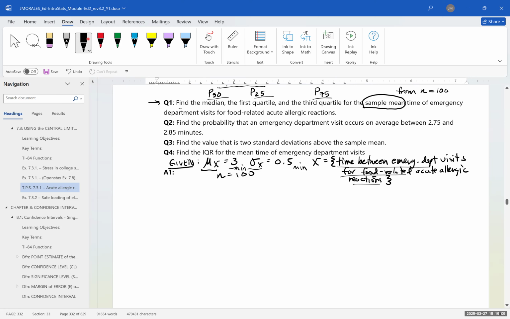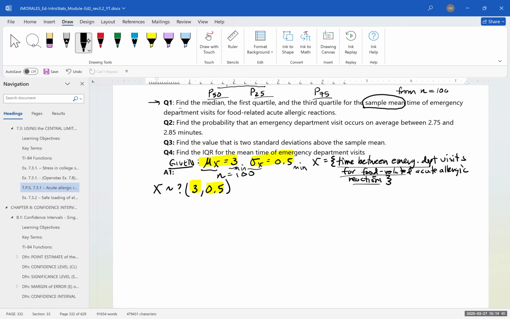Let's put the distribution for a random variable. We don't know whether it's normally distributed or uniformly distributed, but we really don't need to know that, because we were given the mean and the standard deviation.